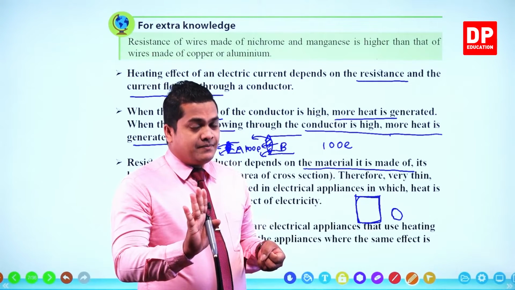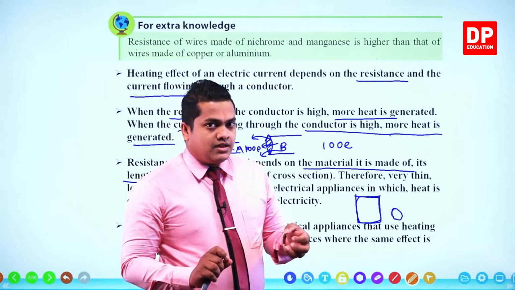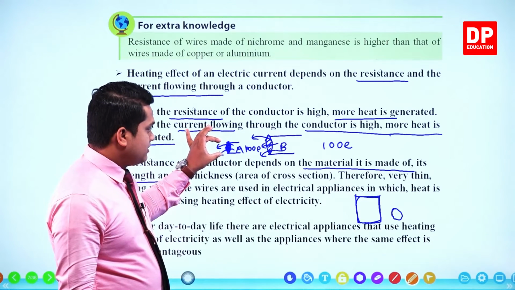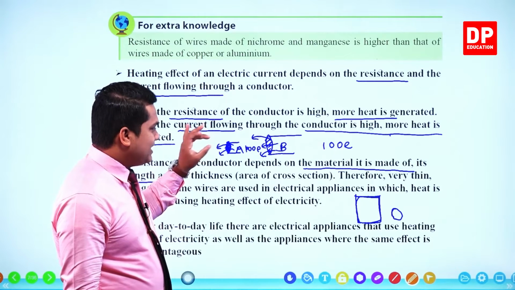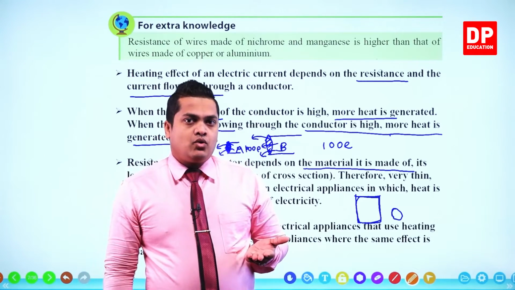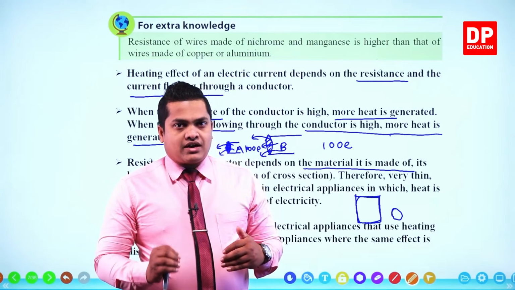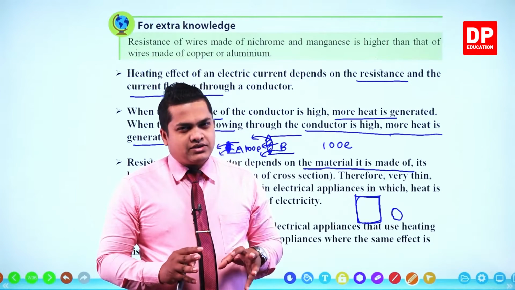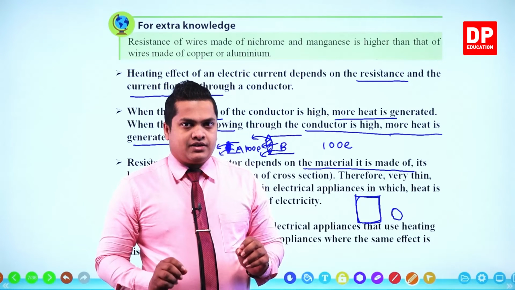Once again, listen. The electrical charges coming out from the smaller one, this one, A, are very few. If fewer electrical charges are coming out, the current flowing through the conductor is also less. Less electrical charges, less current.